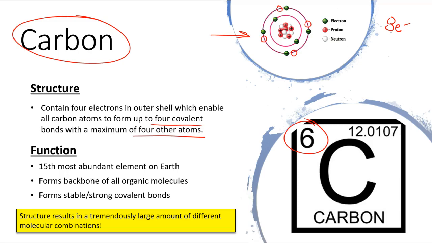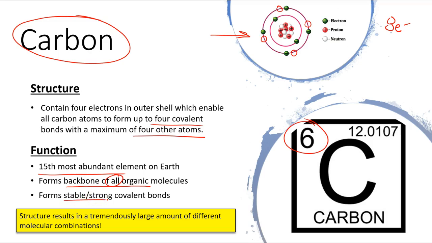And so when you have an atom that can form a diverse variety of molecules, it really sets itself up to be a substantial part of the molecules known to support life. Carbon is the 15th most abundant element on Earth, and it forms the backbone of all organic molecules on Earth and in all life forms.